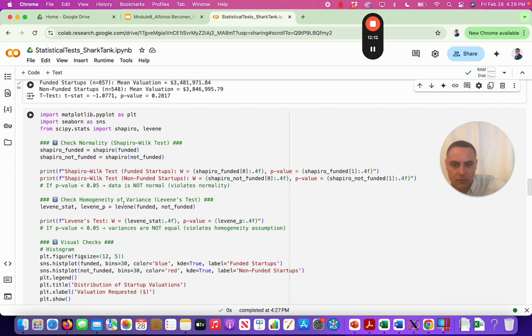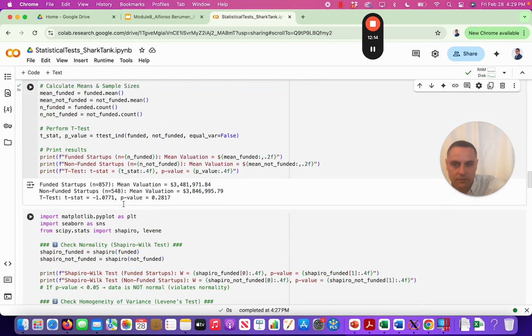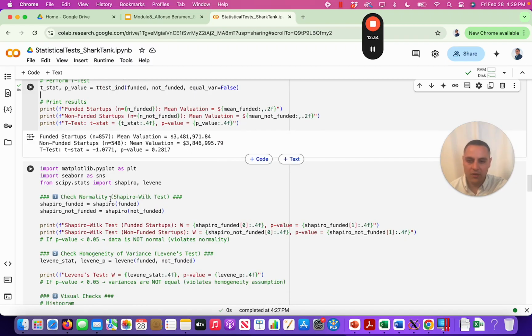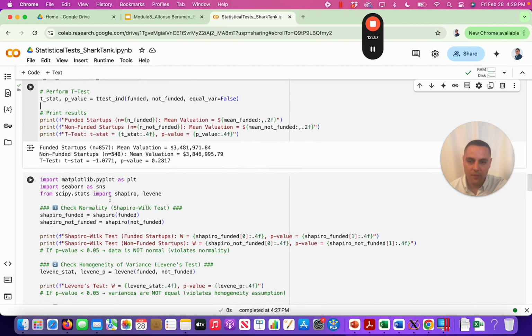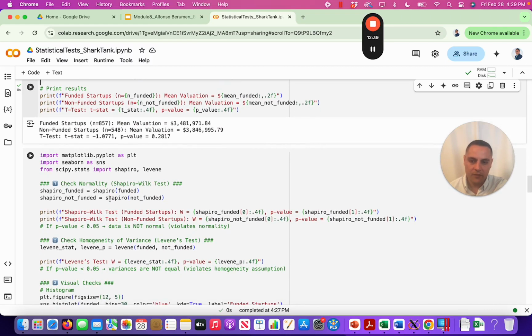And when we think about the p-values, we can actually generate a t-test that assumes the variances are equal or does not assume that the variances are equal. In this case, we assume that they are not equal, right? Equal variances equals false.